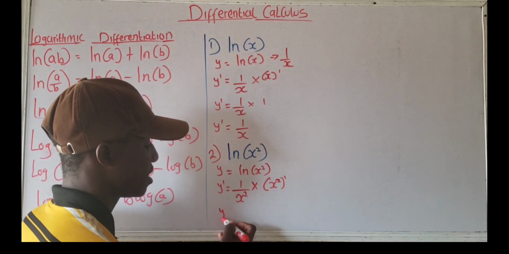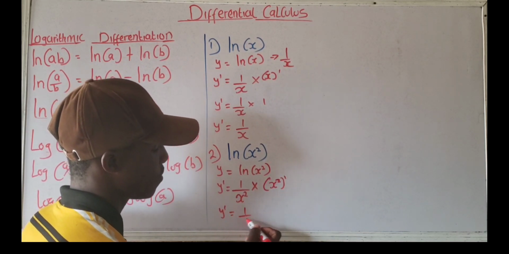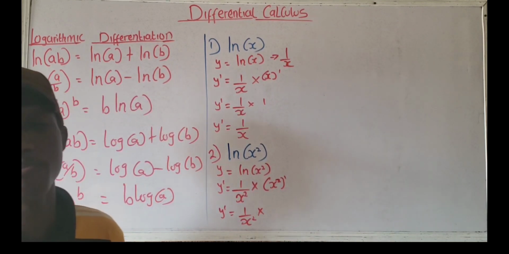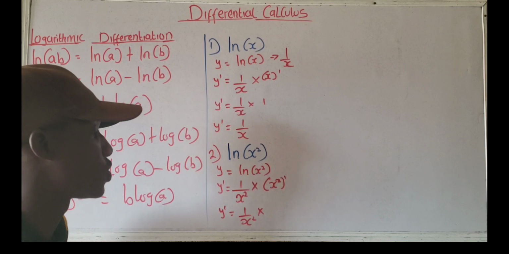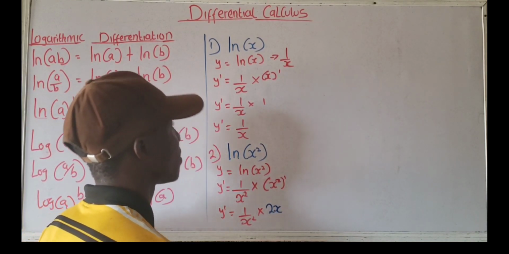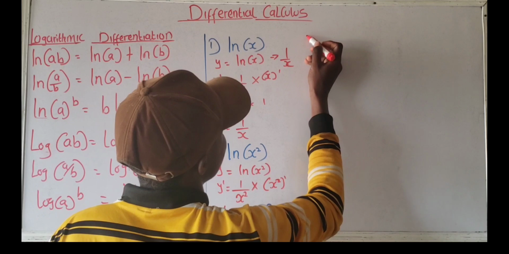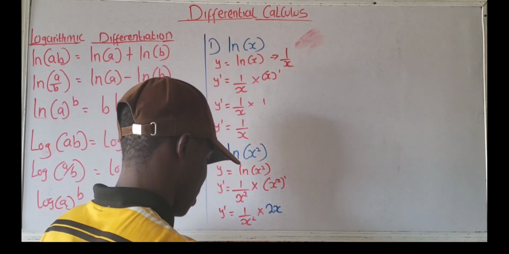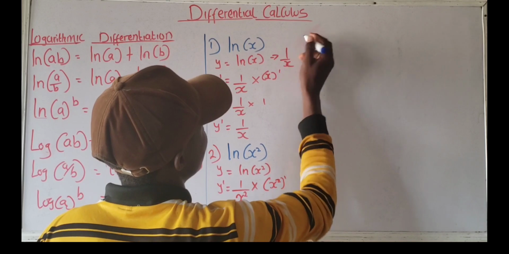So the derivative of y is equal to 1 over x squared multiplied by, if you differentiate x squared using the power rule or the polynomial rule, 2x. Hence, the derivative of y is equal to, okay, let us rule a line here.